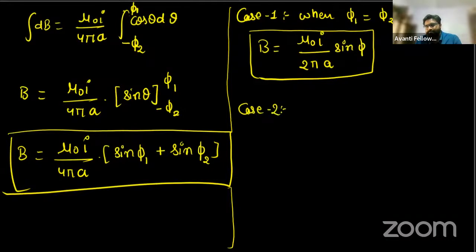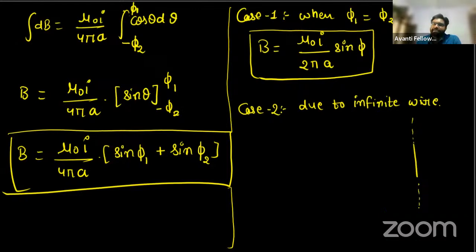The second case is due to an infinite wire. We have discussed a case of a finite wire, but what if the wire becomes infinite? This is the point P. We are not sure about the end points; they are at infinity.